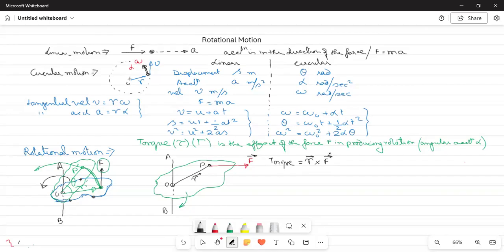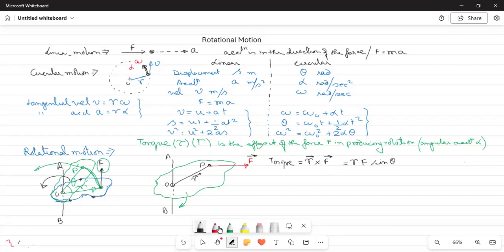What is the vector cross product? You should recollect your lessons from vector algebra, and you will now remember that this vector cross product is the magnitude of R multiplied by the magnitude of force into sin theta, the angle between them.